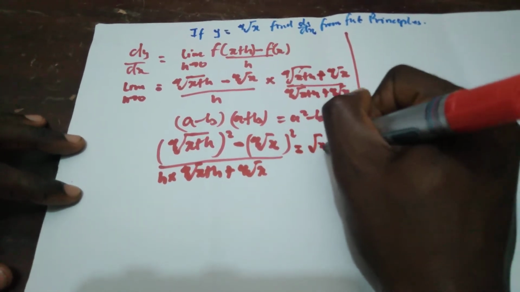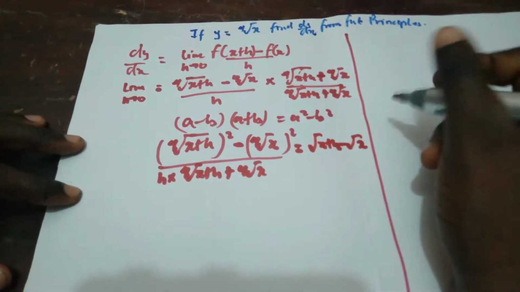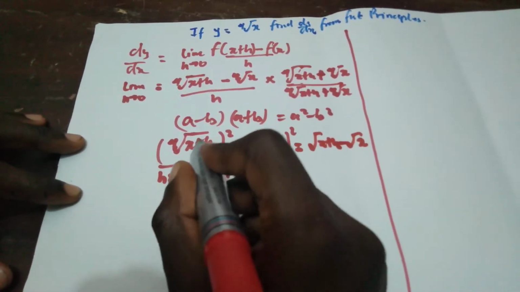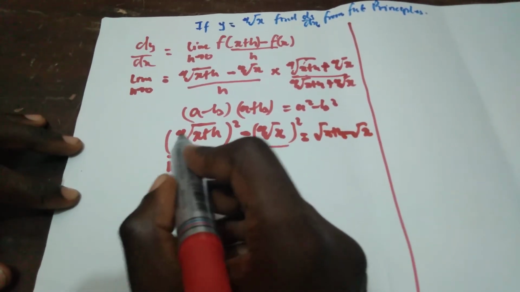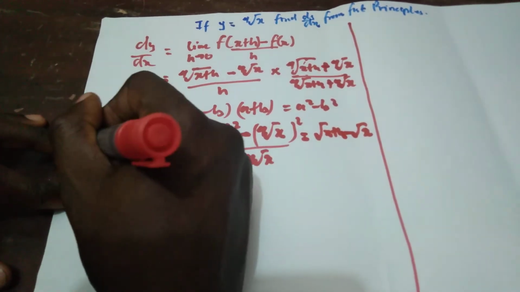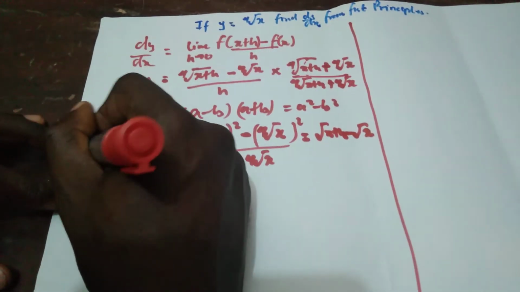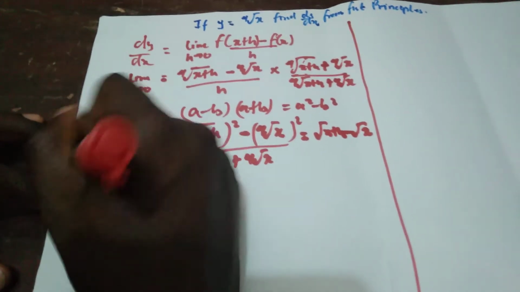Considering only the numerator, we have the fourth root of x plus h all squared minus the fourth root of x all squared.